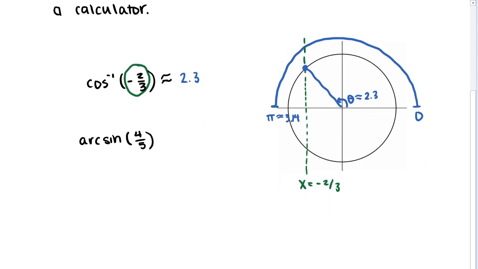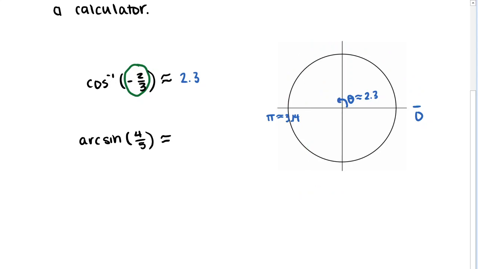Now when it comes to the sine inverse function, or arc sine, here we're not looking at an x-coordinate of 4/5, we're looking at a y-coordinate of 4/5. And so here I have to erase this picture and redraw everything, but here we're looking at a y-coordinate of 4/5, so that's pretty close to a y-coordinate of 1.